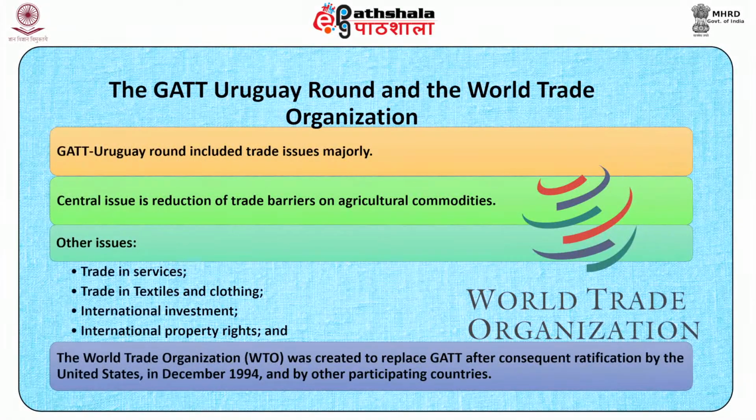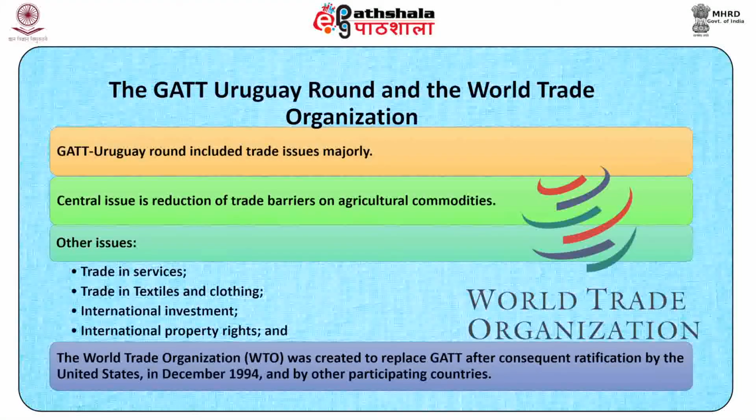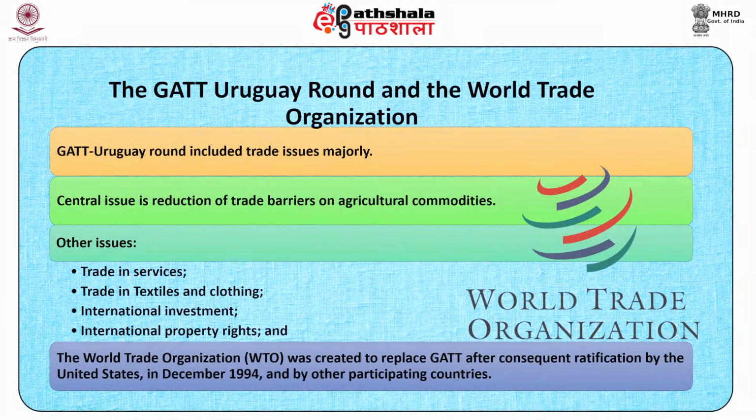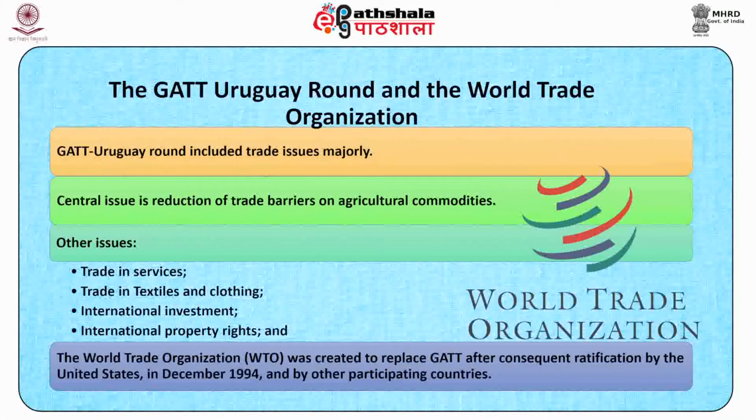A variety of matters were covered during the Uruguay Round. These included trade issues majorly. The central issue was reduction of trade barriers on agriculture commodities. The center stage was taken by agriculture trade. This marked the beginning of this issue as a major one.